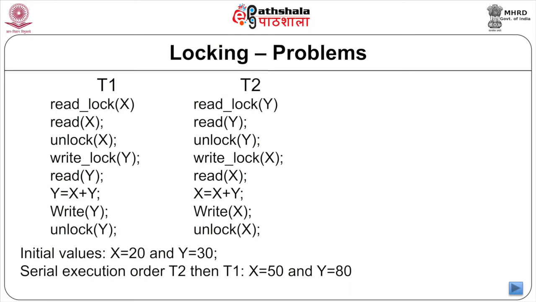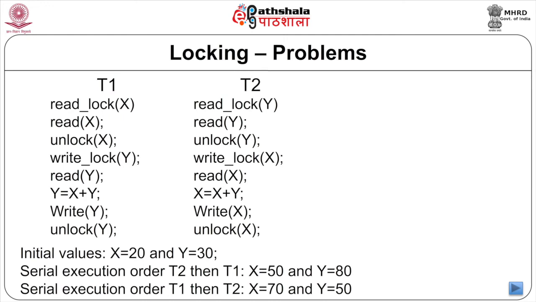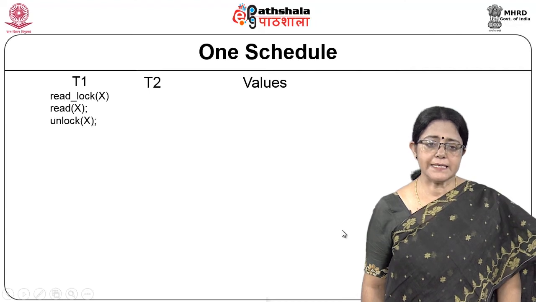The other order, T1 followed by T2, will have the final values of X to be 70 and Y to be 50.